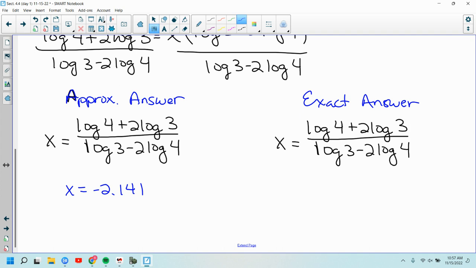We got to simplify it to you have one log on top, one log on bottom. We're going to use our log rules. So real quick, let's go through this. What do we do with the constant out in front? It becomes an exponent.